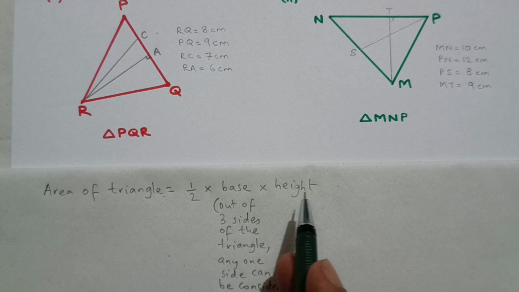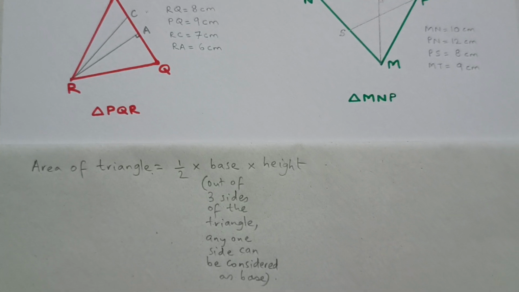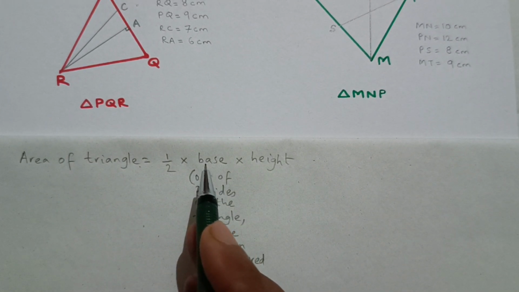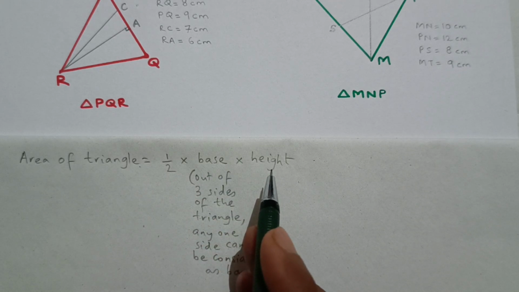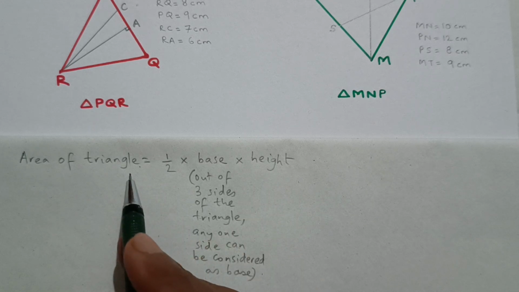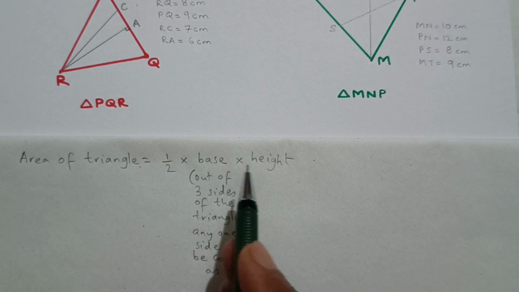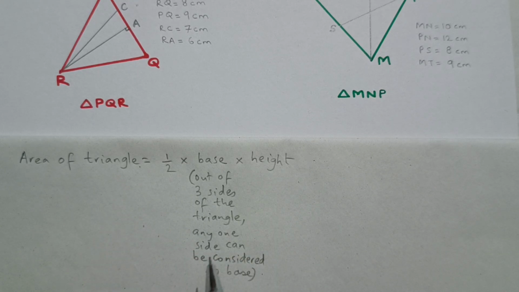Now what is the meaning of height? So in this formula we have the term height. So what is the meaning of height? So height means for the particular base, what is the corresponding height of the triangle. So whatever base we have taken over here, for that base, what is the corresponding height of the triangle.